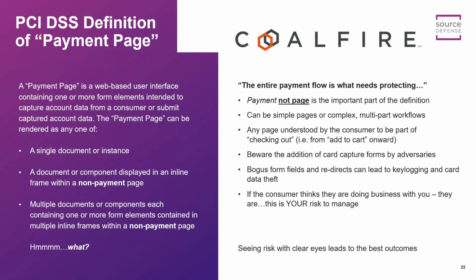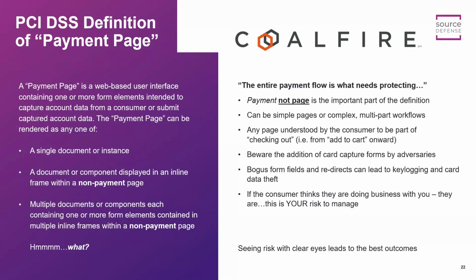The payment page should be rendered as any one of a single document, i.e. a page, a document or component displayed in an inline frame within a non-payment page. Okay, so that gets to the iframe conversation, and it's just an iframe, it's not a page in itself, or multiple documents or components, each containing one or more form elements contained in multiple inline frames within a non-payment page. Well, it's a little bit confusing.